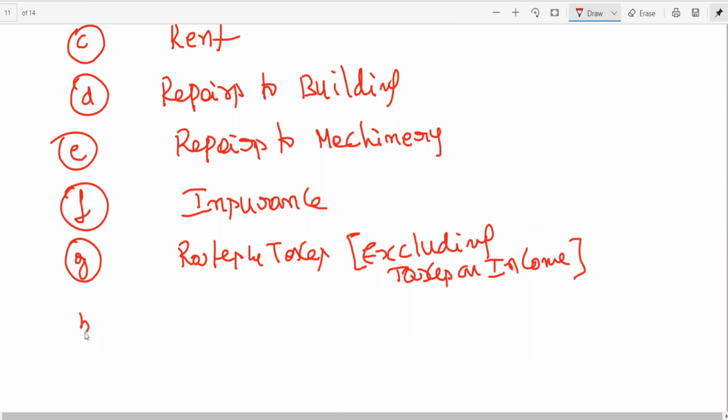Then miscellaneous expenses or sundry expenses. Next, payment to auditors.